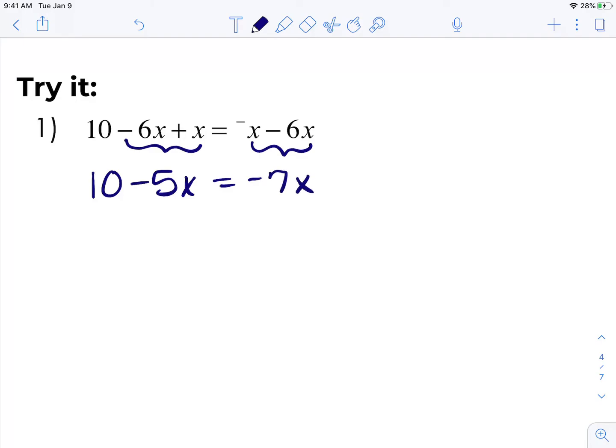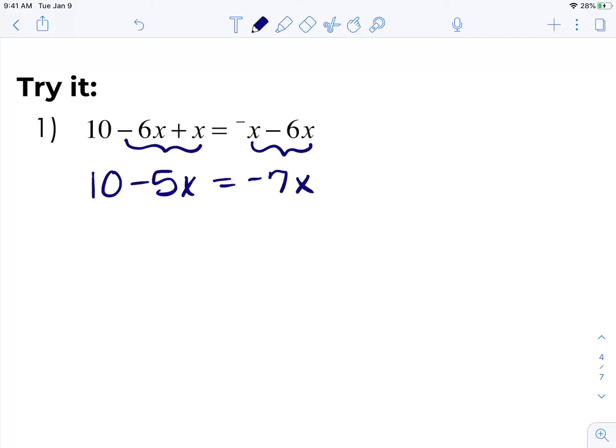So we're going to get all that combined, and then I want to move my variables to one side of the equation. You have the option to bring your negative 7x over here, or to bring your negative 5x over here. So it really doesn't matter. I personally don't care which side of the equation my variable is on.